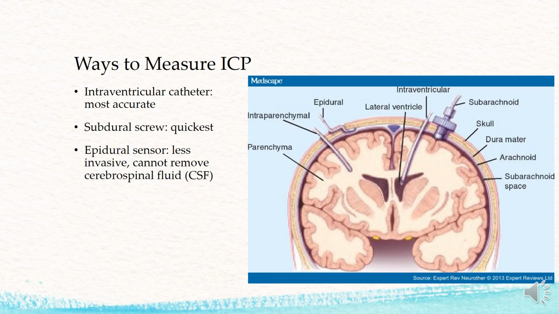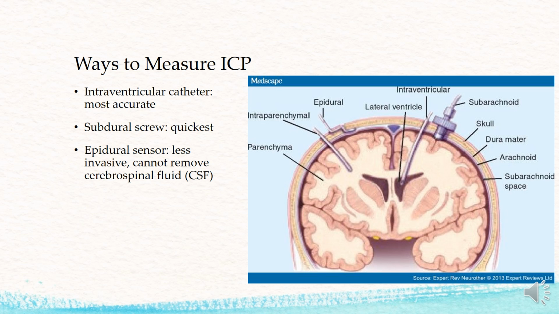So here are some ways to measure ICP. There are a couple of different types. The intraventricular catheter is going to be the most accurate, and I believe this one is also capable of extracting some cerebrospinal fluid. As I look at the diagram, it looks like an open-ended insertion.